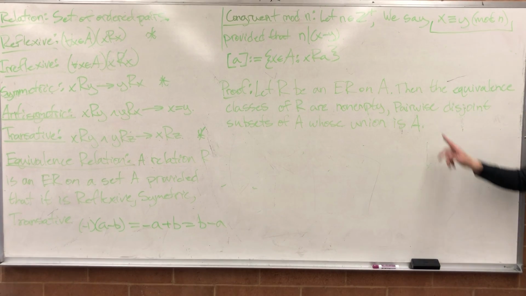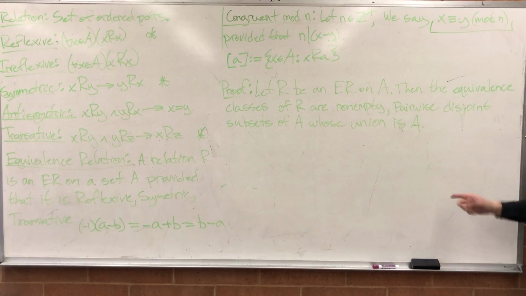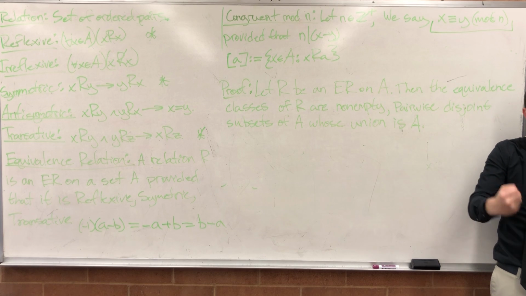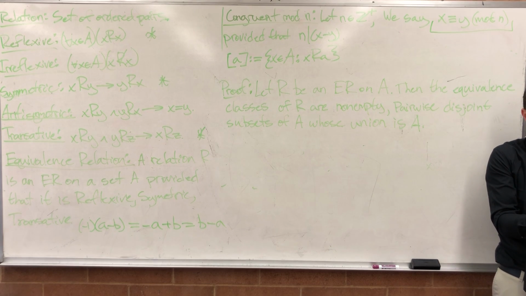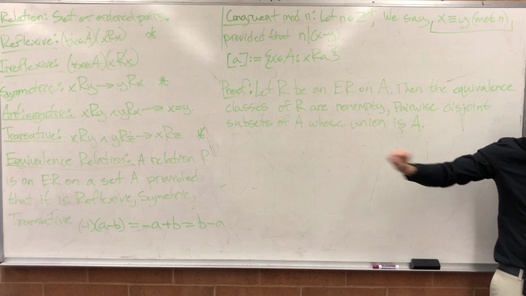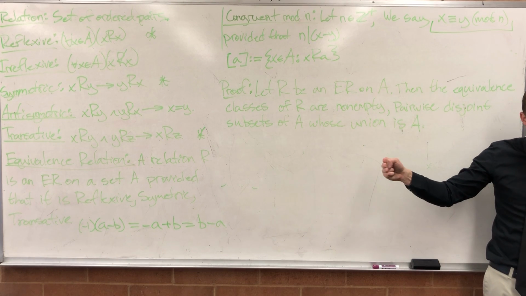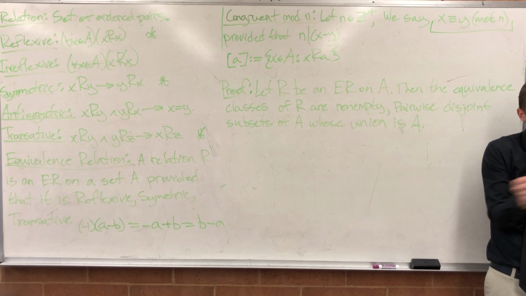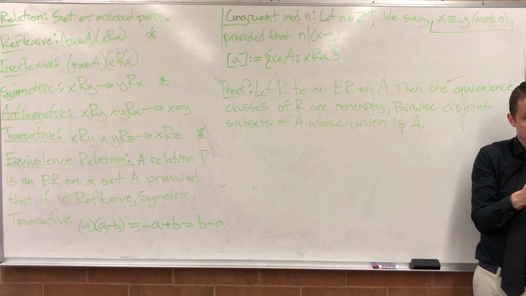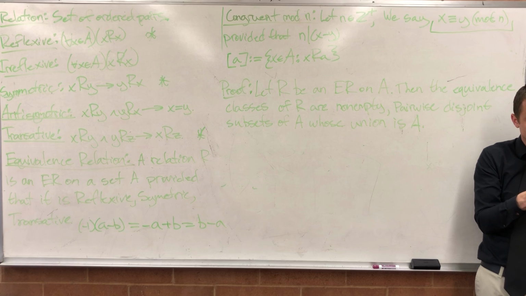So it's non-empty. Pairwise disjoint, we just barely showed that with the previous proof. We showed that if they have any intersection, they're actually the same set. So we don't have two different sets with some elements in common. If two different sets have any elements in common, they're not two different sets, they're actually the same set. You with me? Okay.